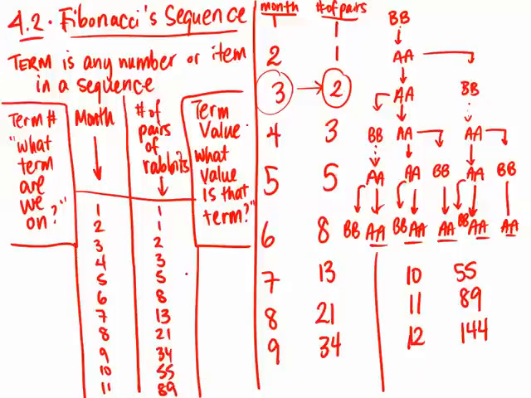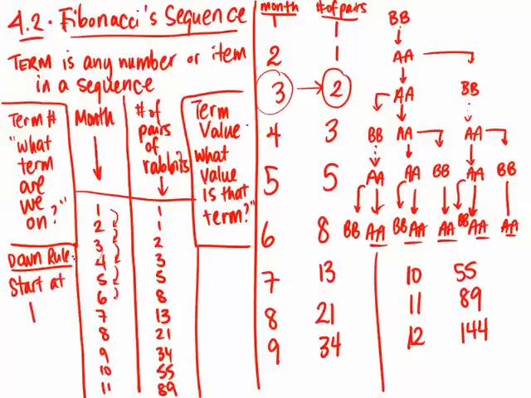Now what we're going to look at is what we call the down rule. Down rule means let's look at the patterns that exist within these sequences. So let's start with the term number, the left side here. Our down rule means what patterns do we see going from one number to the next. If we start at 1, how do I get to the next number in this pattern?